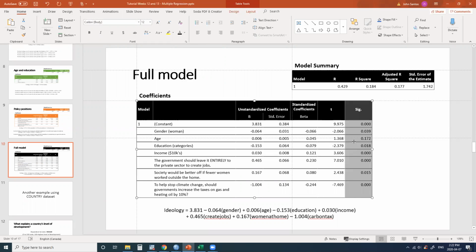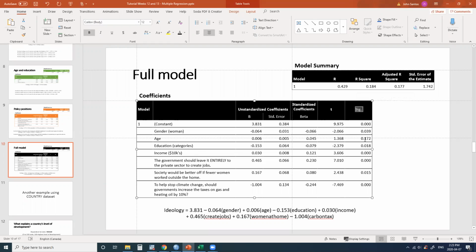So that's the 95% confidence interval. Another way you might have heard that is, 19 times out of 20. And we see that most of these coefficients are significant at the 0.05 level, which means that their significance value, or their p-value, is less than 0.05.